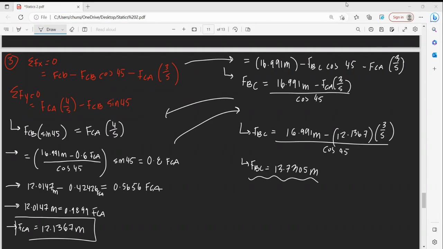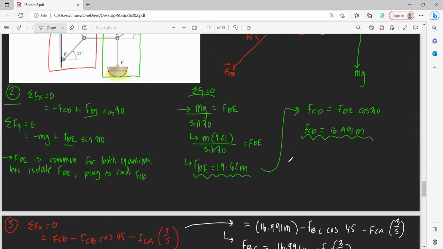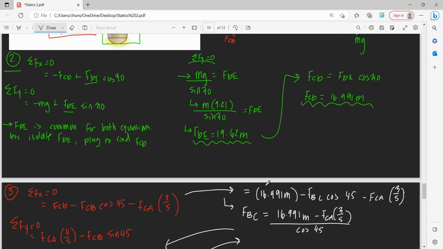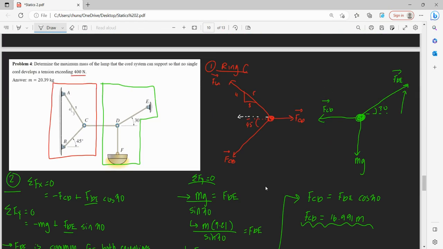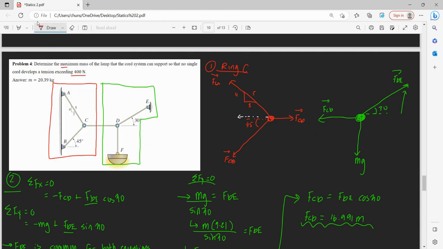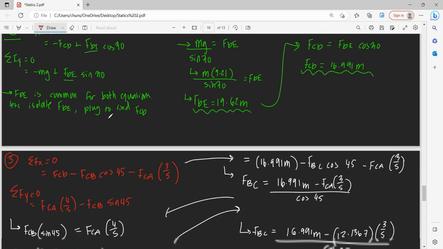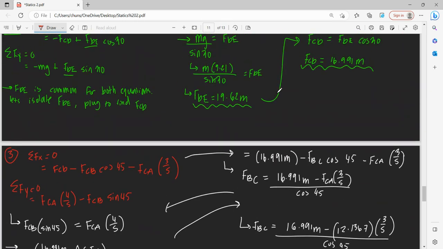Okay, so now that we've done that, we've solved for all of our forces in our cables, with each of them being in terms of M. So we want to find the largest one because we want to maximize our system, because we want the maximum mass we can have. So we want to find the force that has the largest coefficient.